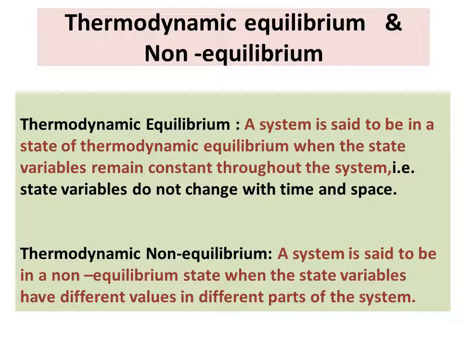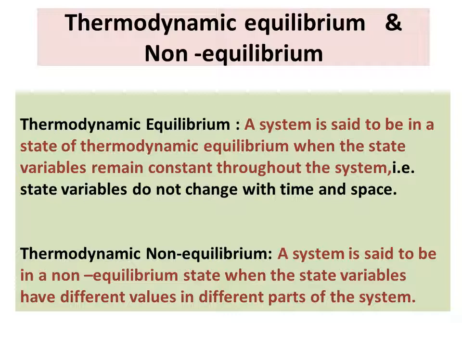If there are different values of state variables in different parts of the system, the system will not be in equilibrium. It is going to be in non-equilibrium.